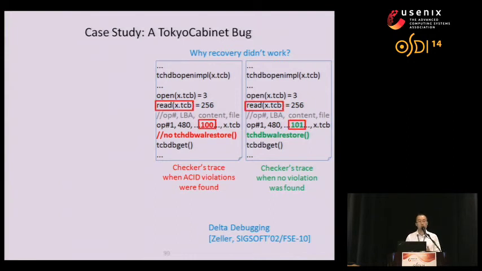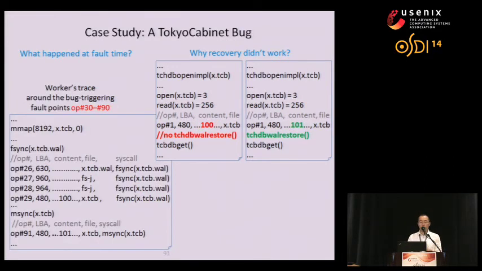Moreover, we can see that there's a read from the database file in both traces. However, the content is slightly different. The difference in the database file suggests that some update to the file during the workload changes the recovery behavior. So we then look at the worker's trace around the bug-triggering fault points.